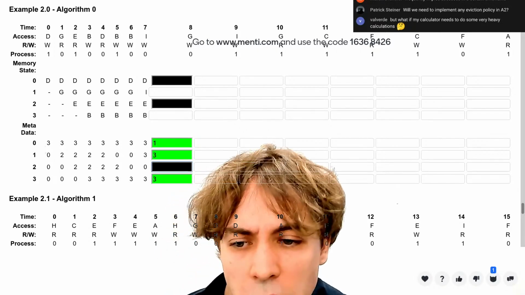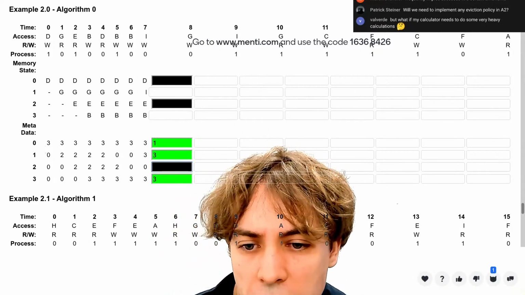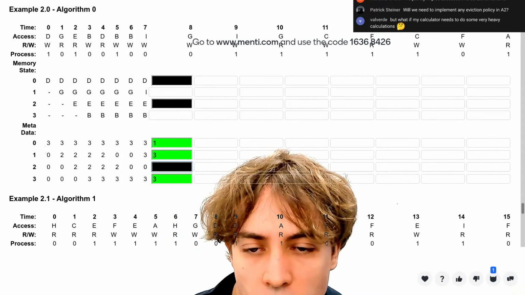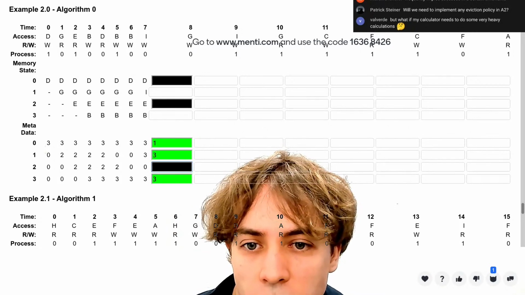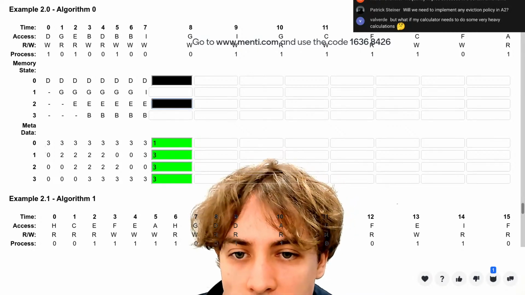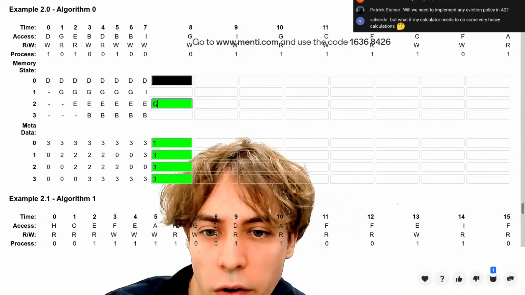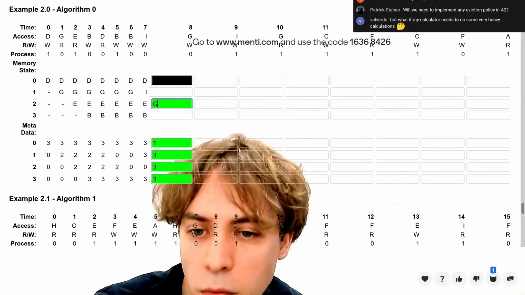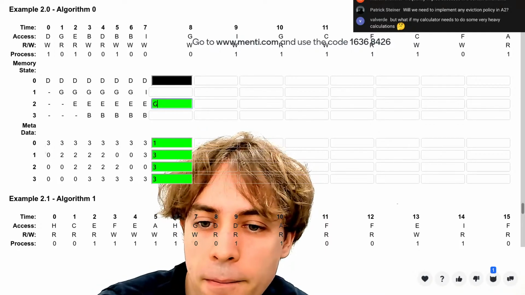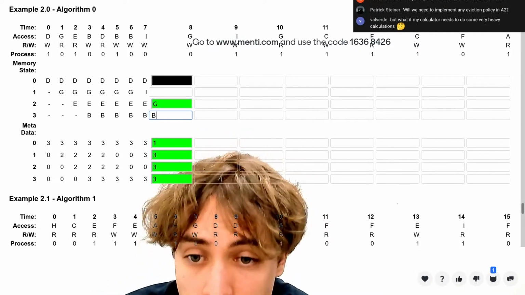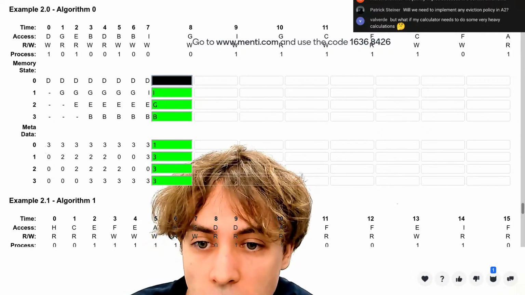So this should currently be 0. This should be the one that is replaced, and afterwards it's a write access, so it should be 3. And then we put a G here. Ah, okay, that makes sense.